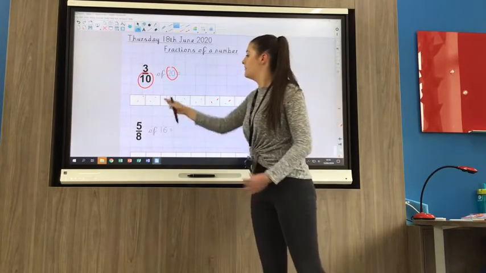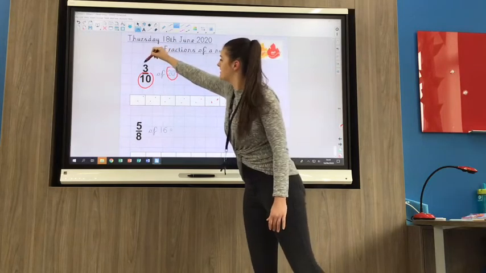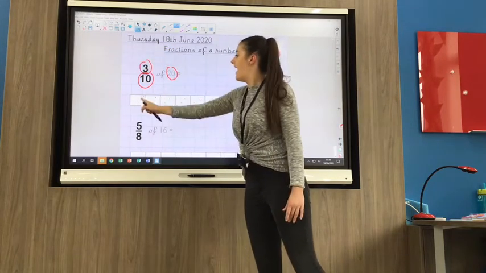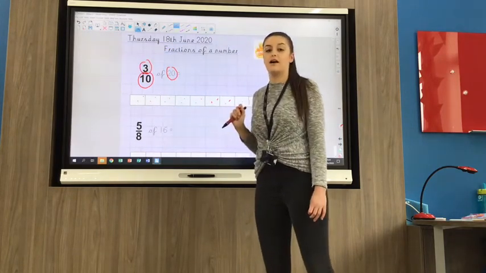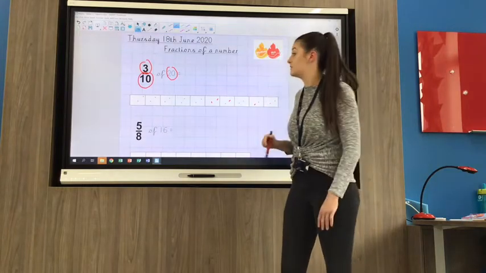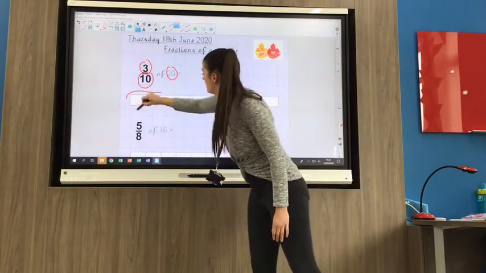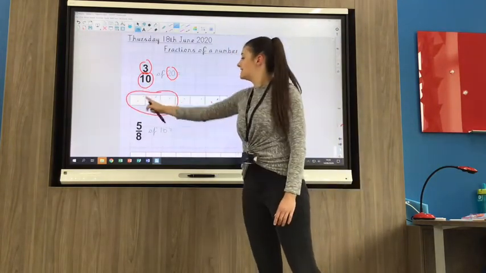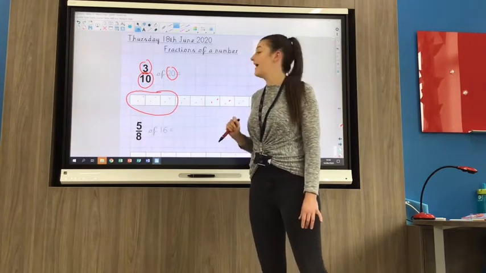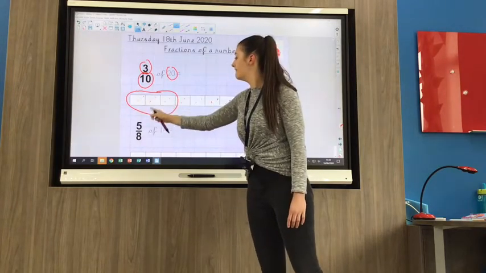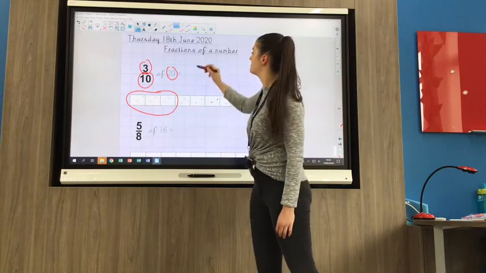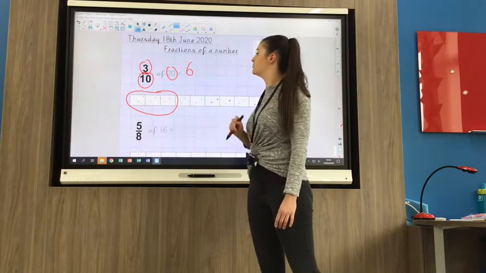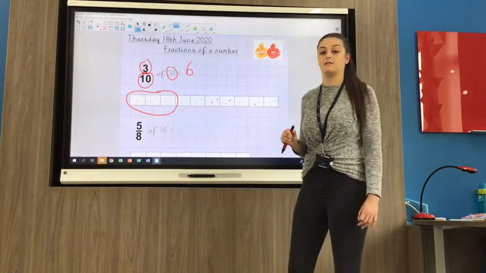I've shared them out, but my numerator here is telling me how many of those parts I want. I want 3 of those parts, so I'm just going to circle them. Now we need to count how many dots we have there. I've got 2, 4, 6. So that must mean 3/10 of 20 equals 6.